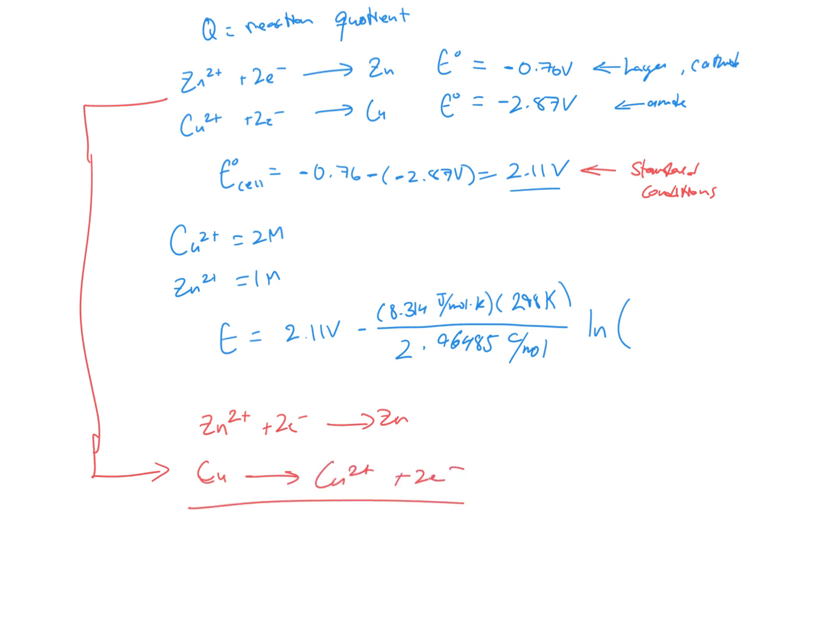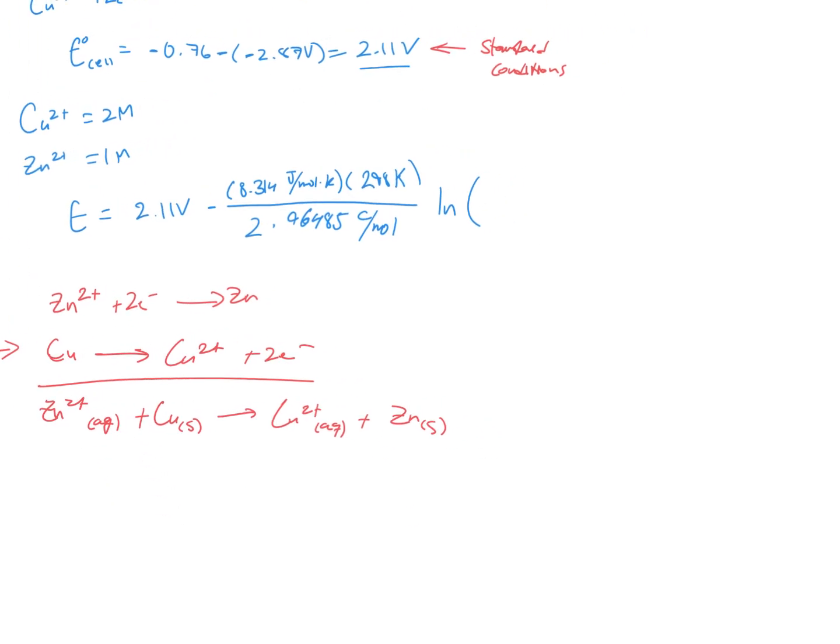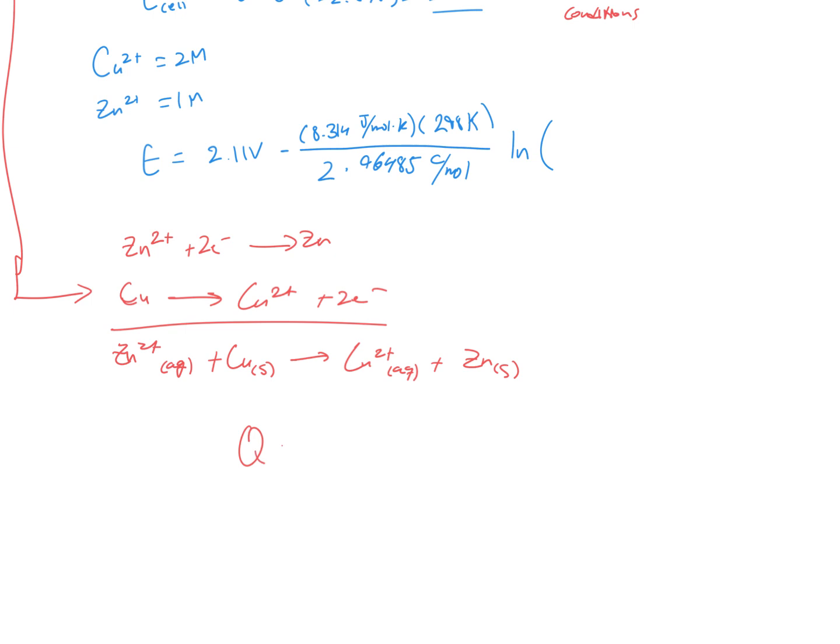And I can just add these together. So my reaction is Zn2+ aqueous plus solid copper reacts to make copper 2+ and solid zinc. Now with this equation, I can have an expression for Q, which remember is just the equilibrium constant, but not at equilibrium.